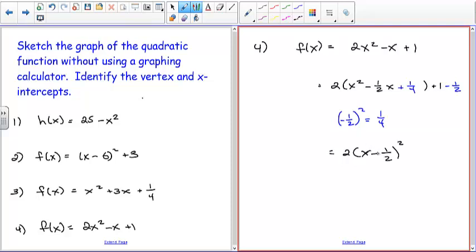Just to double check that I did this right, I've got (x − 1/2) times (x − 1/2). When you use FOIL, first is x times x, which is x squared. You get minus 1/2 x from here, and minus 1/2 x from there, and then negative 1/2 times negative 1/2, which is positive 1/4. And so negative 1/2 plus negative 1/2 is negative 1.